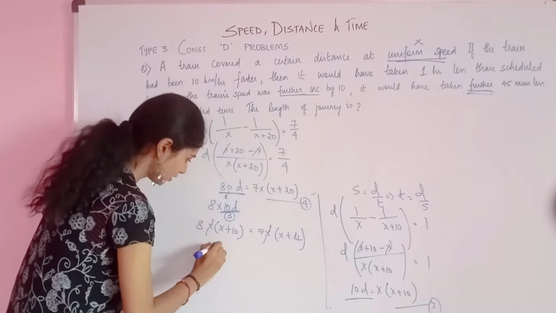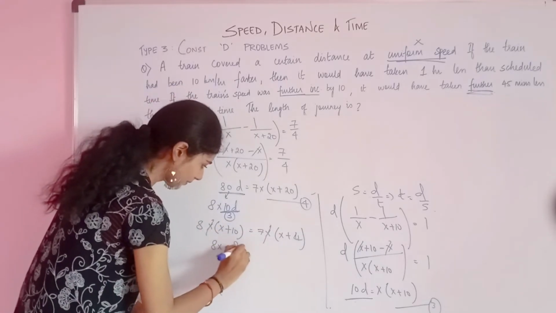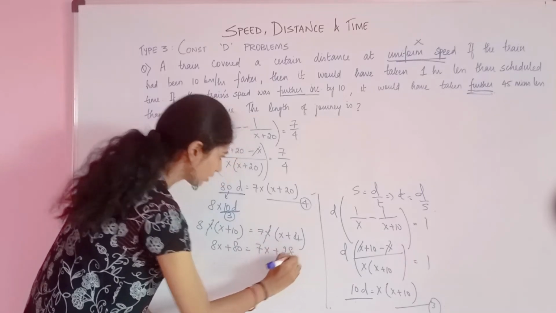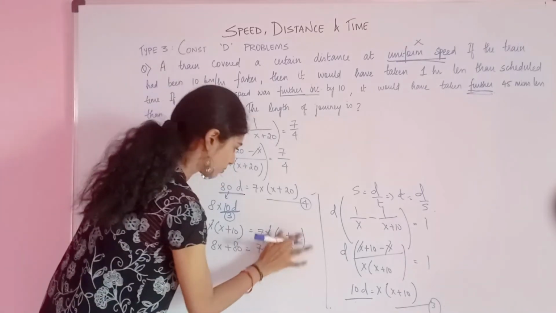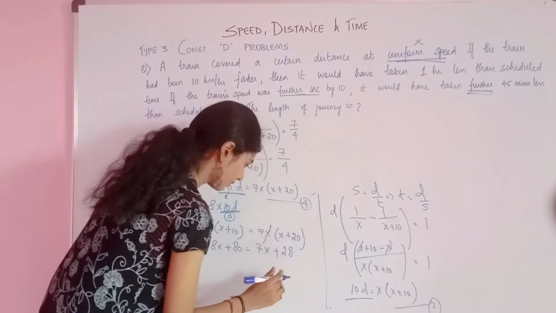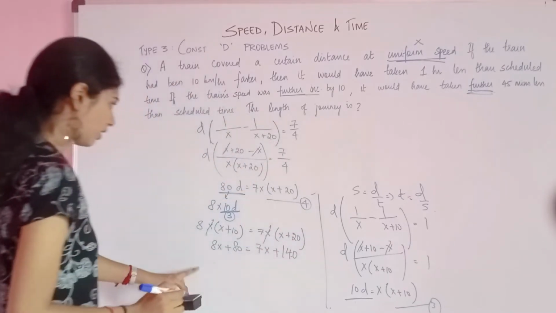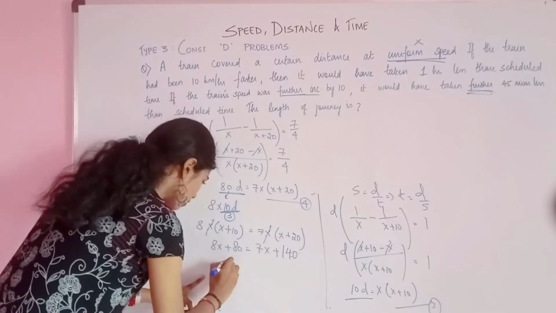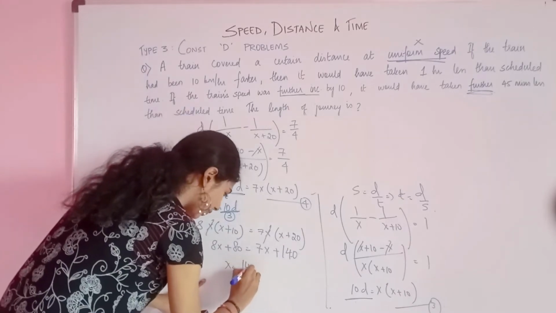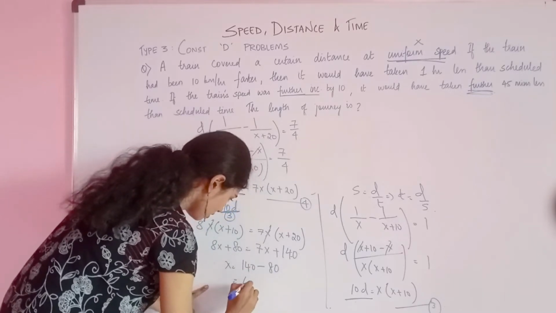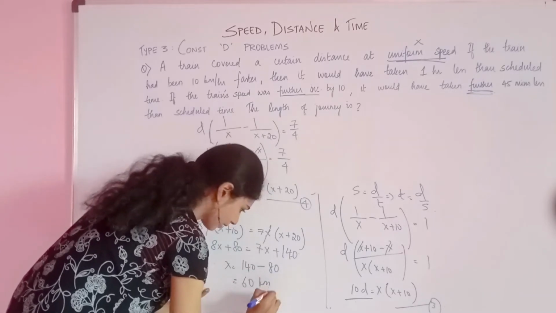X gets cancelled. So 8x plus 80 is equal to 7x plus 140. So x is equal to 140 minus 80, which is nothing but 60.